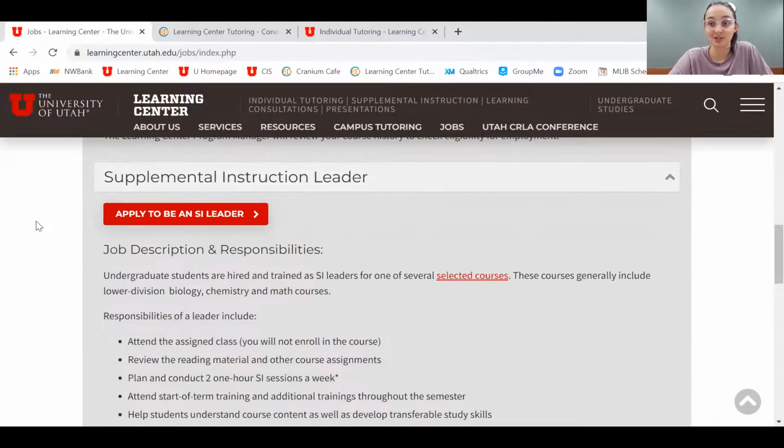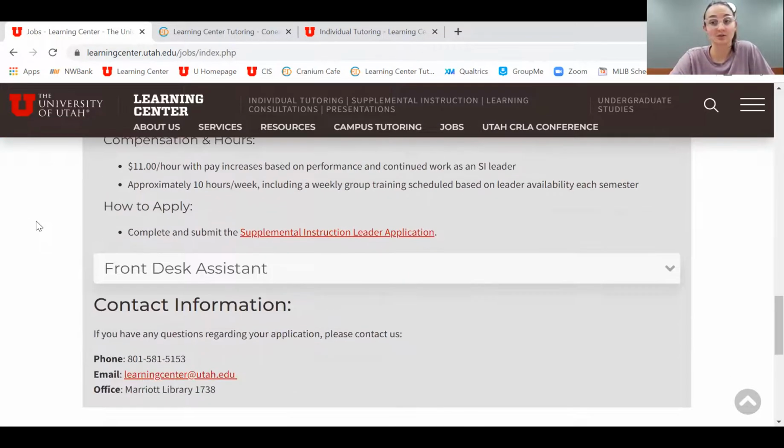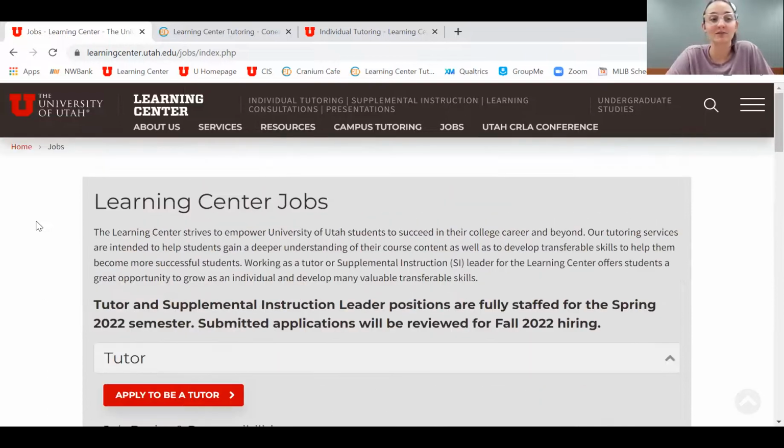Definitely check it out if you are interested in helping out others. It's a really great way to do that, and a great way to get involved on campus. There are a lot of studies that show students who have on-campus jobs are retained and graduate at higher rates than those who don't. So it will also hopefully help you be a better student and graduate as well. Definitely check it out.